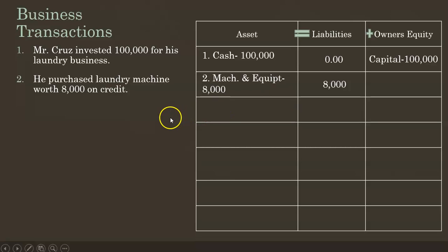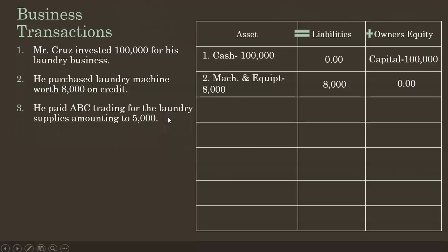Let us try business transaction number 3. He paid ABC Trading for the laundry supplies amounting to 5,000. When you see the word paid, meaning to say you lost cash, it is already paid, not borrowed. Again, you have to think, what did he receive? What did he buy? Supplies amounting to 5,000 pesos.